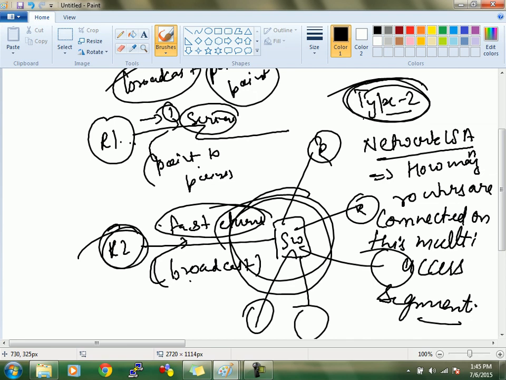क्लियर? नेक्स्ट पॉइंट. अब याद देखो, do every router connected in this multi-access segment will create this LSA? अरे सुन तो लो, दिमाग तो लगा नहीं. Question is, do every router which is connected on this segment will create type 2 LSA?